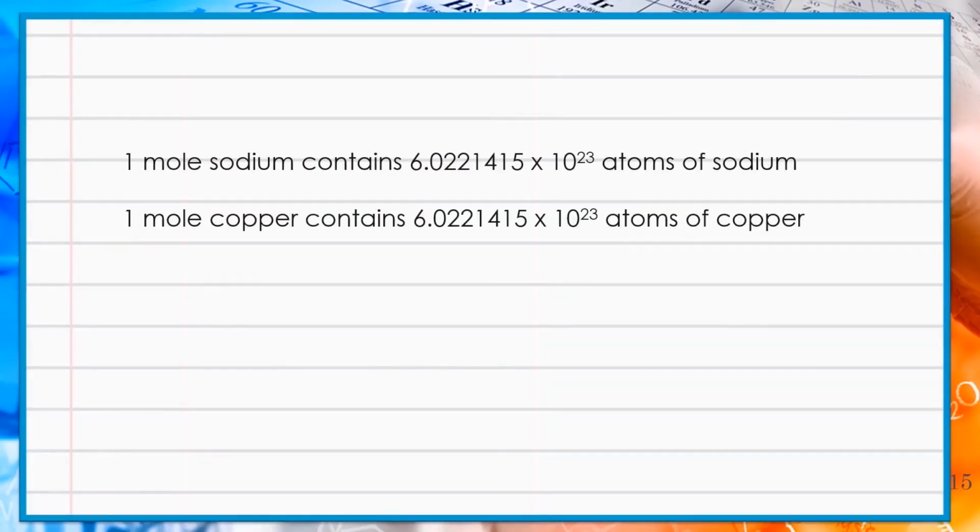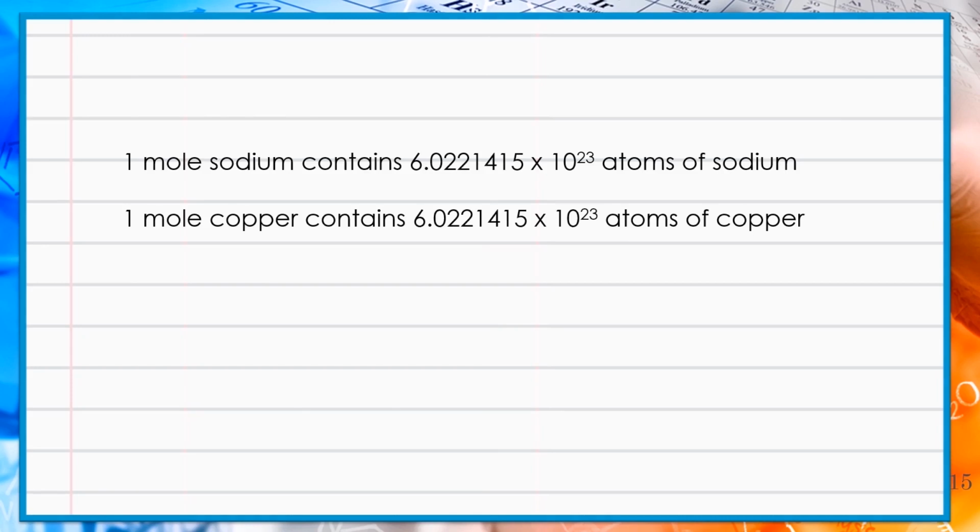Back again to the sodium-copper example. We mentioned earlier that 1 mole of sodium is equal to 1 mole of copper, meaning they both contain the same number of atoms, which is approximately 6.022 × 10^23 atoms.